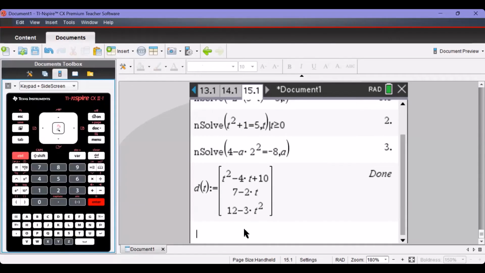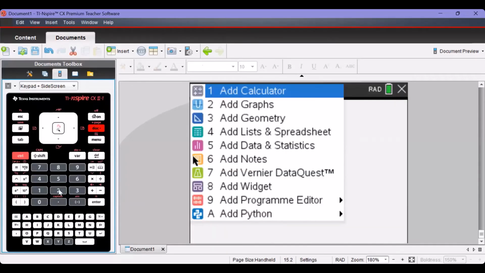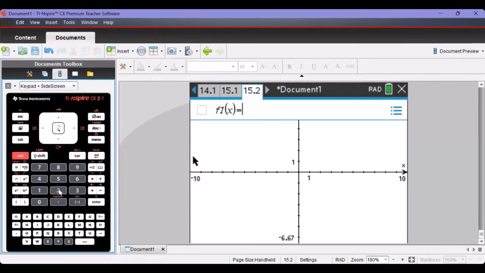Now the quickest way to do this is to add a graphs page. So press Control Doc and add a graphs page. And what we want to do is graph the absolute value, or in TI-Nspire language, the norm of that vector. So we can type in norm, open bracket.